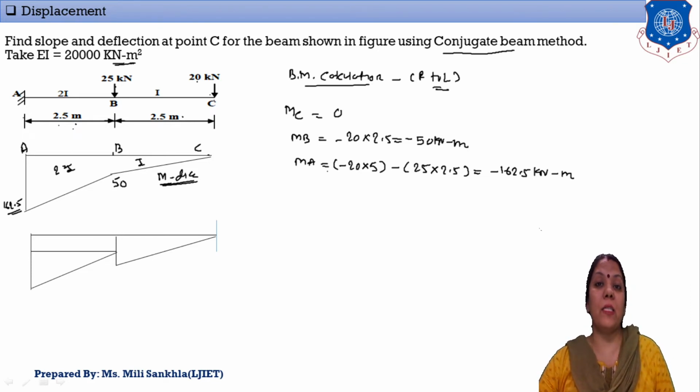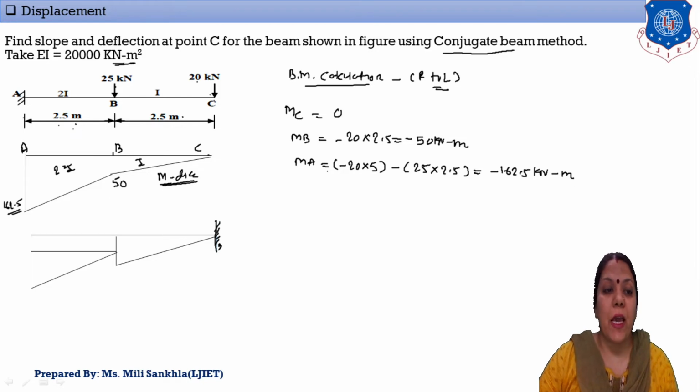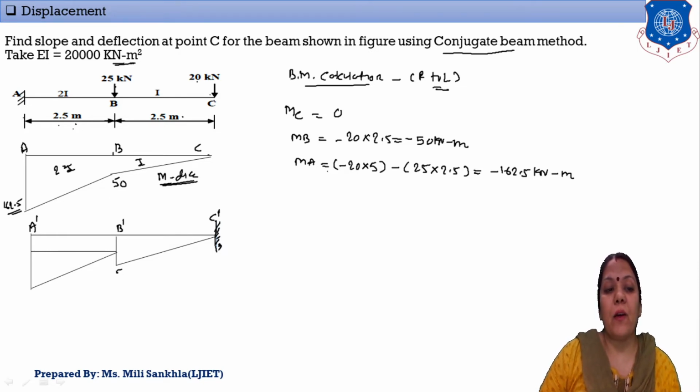Now I convert this M diagram into the M upon EI diagram, and this M upon EI diagram is our conjugate beam diagram. First of all, make this free end fixed. This is the rule of conjugate beam. This point is our A dash, here is our B dash, and this one is our C dash. Now 50 is given, so mark here 50 by EI.